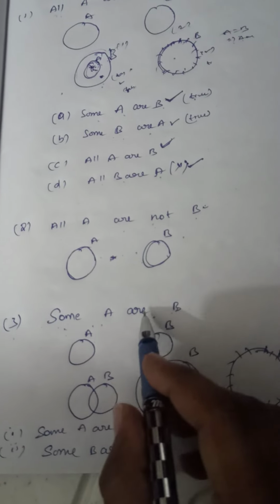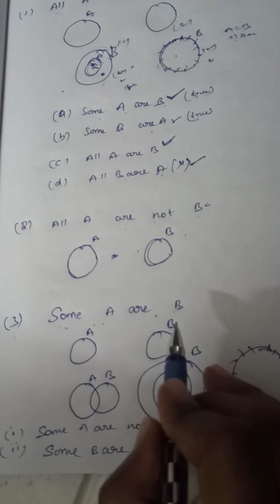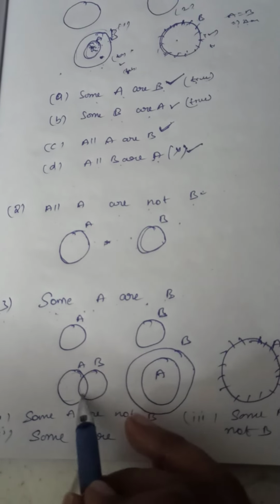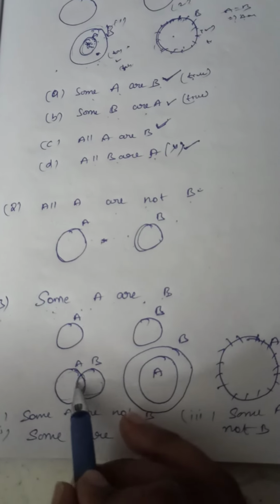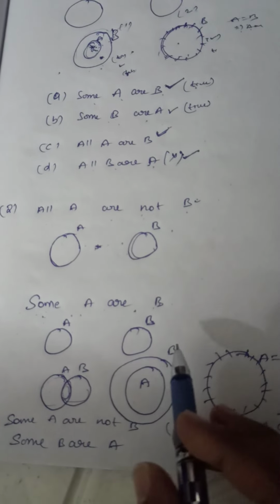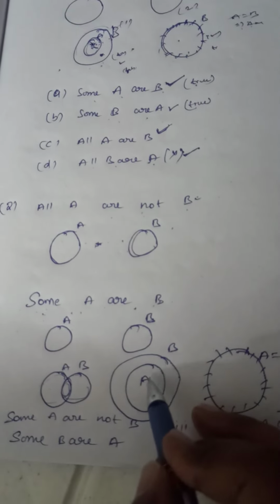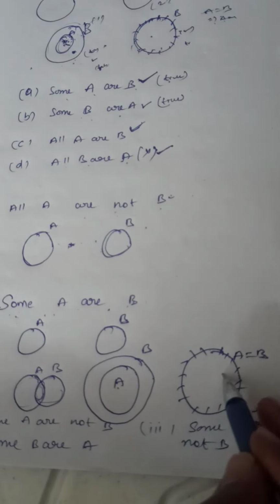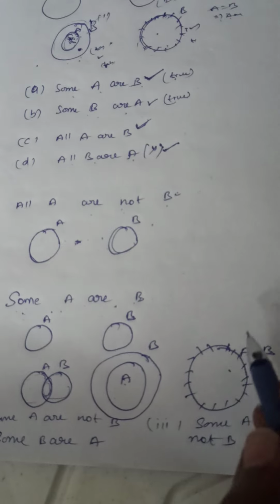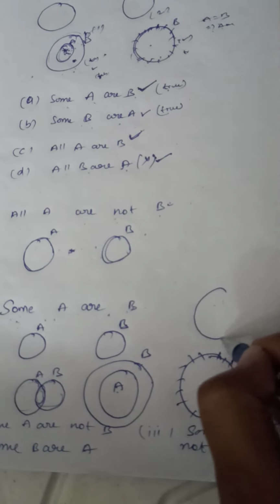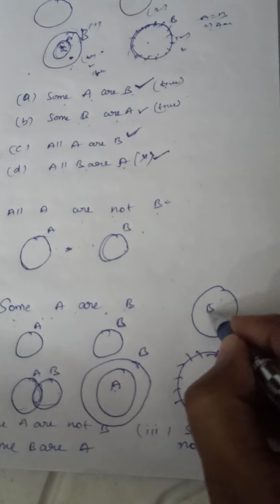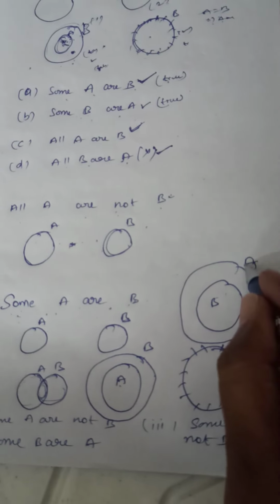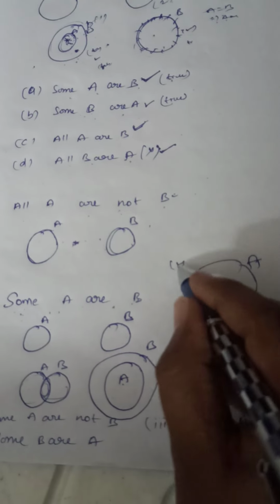First we have to see how many possibilities there are for this statement. Some A are B means only some coincidence. Some A are B means we can say A is in B, and A is equal to B, and another one is this: this is B, this is A. It is also a possibility, right?